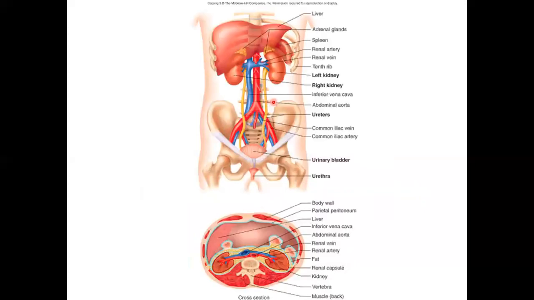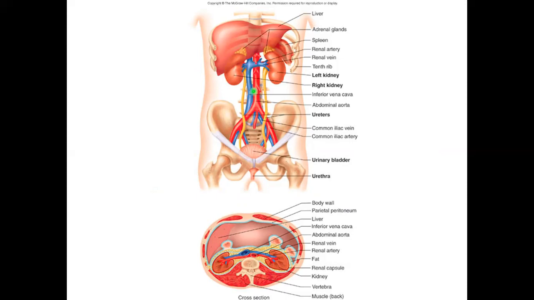So here's a better picture. Here are your kidneys, right? And actually, let me change the color of this. We'll do green. Okay, so if you take a look, the kidneys are located just below the liver and they're back deep in the body.